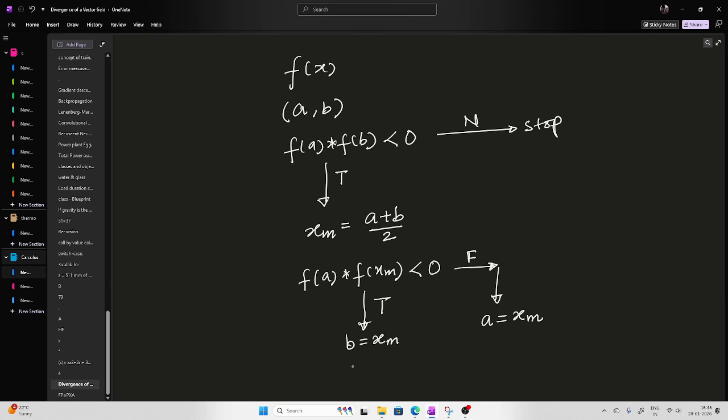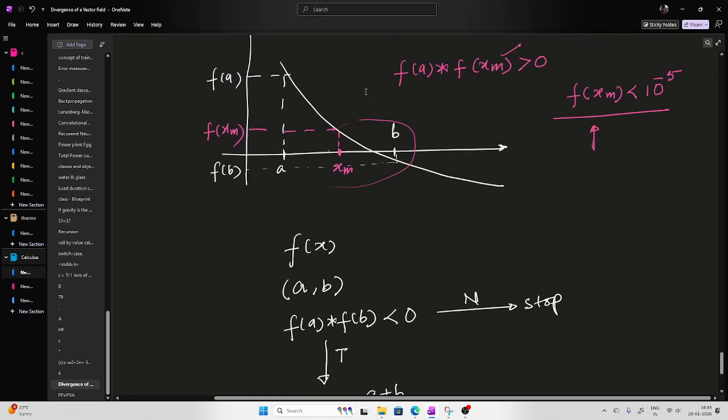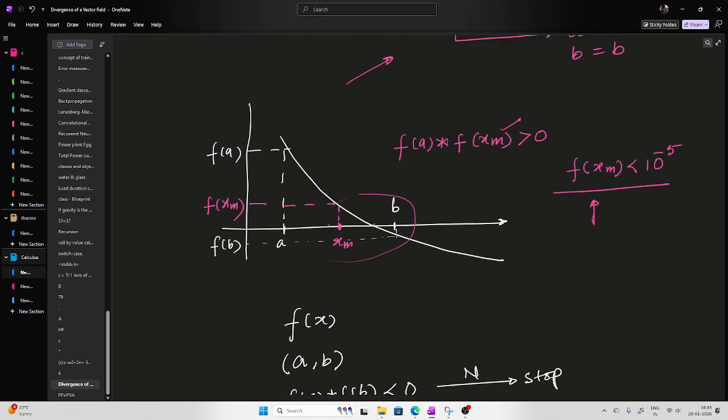Once this is done, you have to check whether fxm is less than the tolerance, because you have to see whether it has reached this value or not.